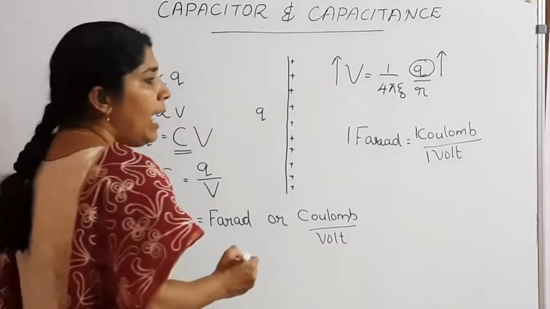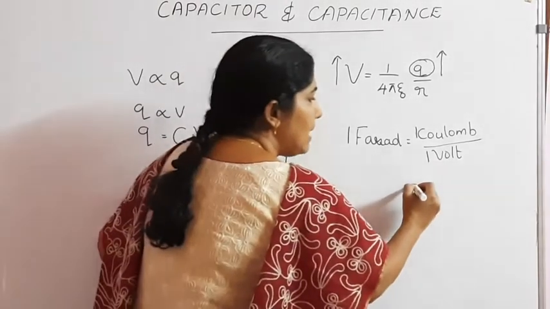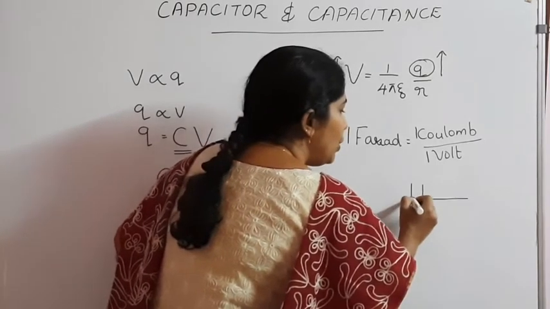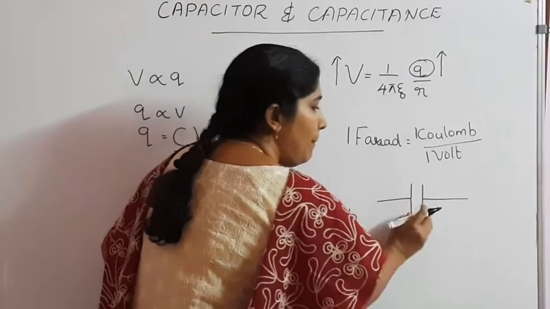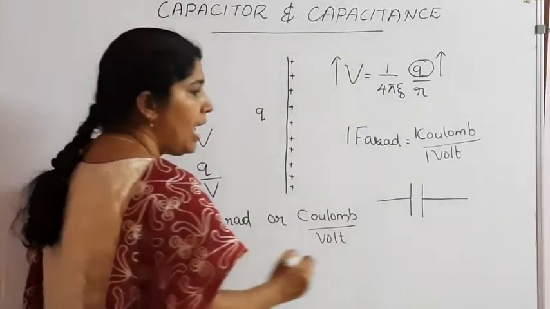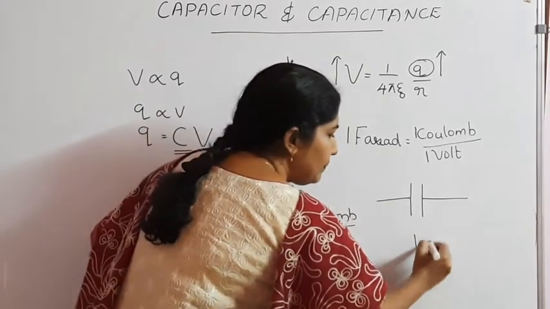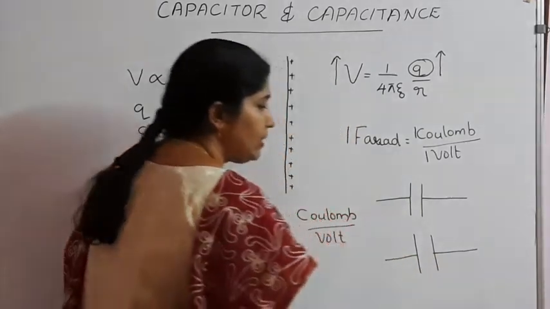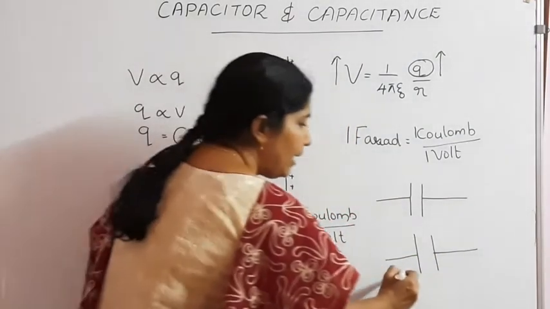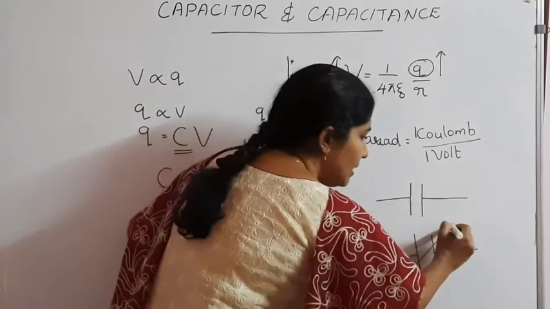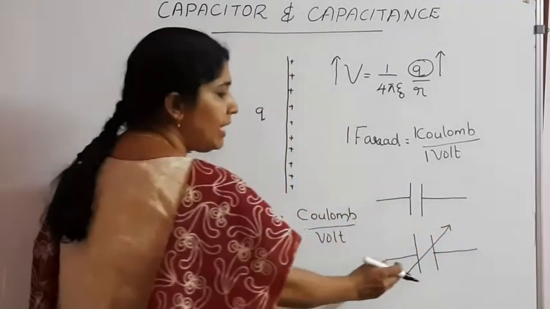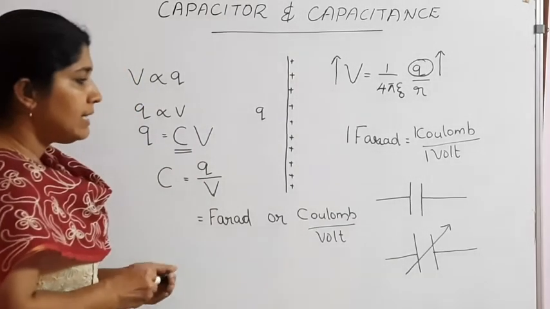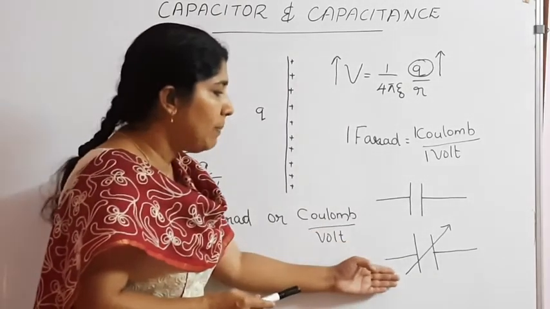The parallel plate capacitor is represented by the symbol of two conductors arranged in a parallel manner, and if there is an arrow mark like this, it represents the variable capacitor.